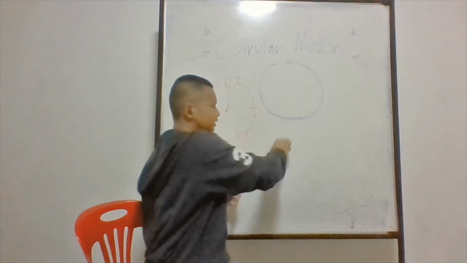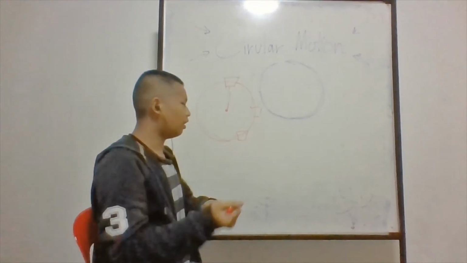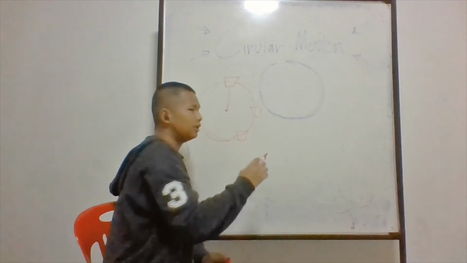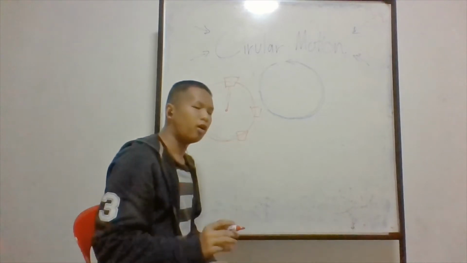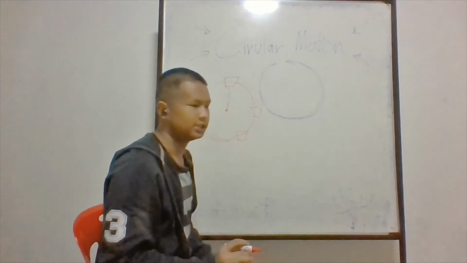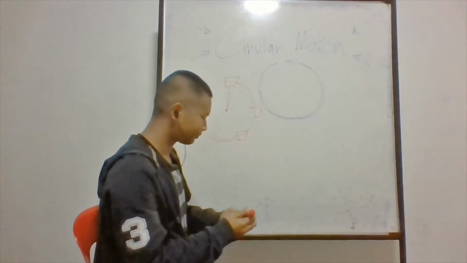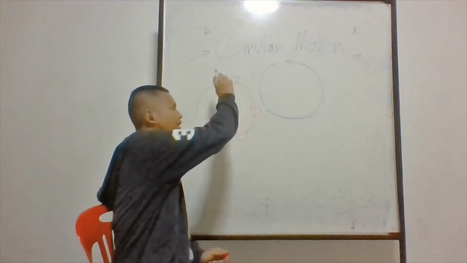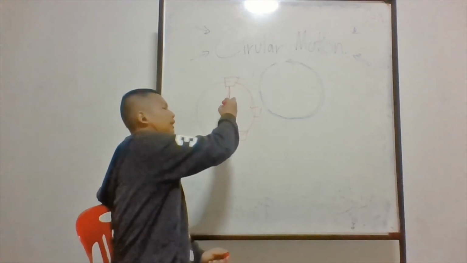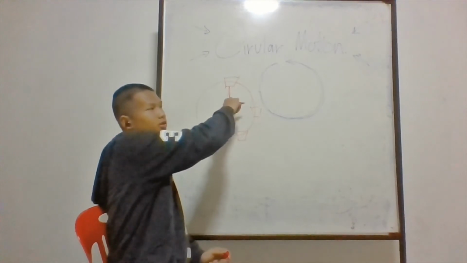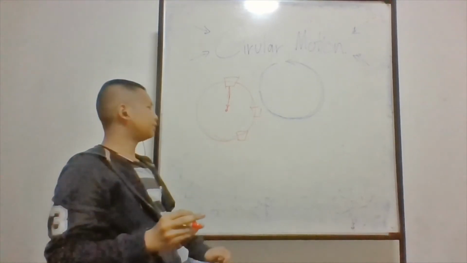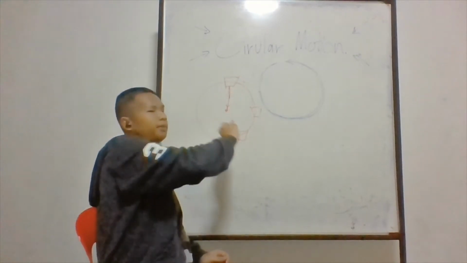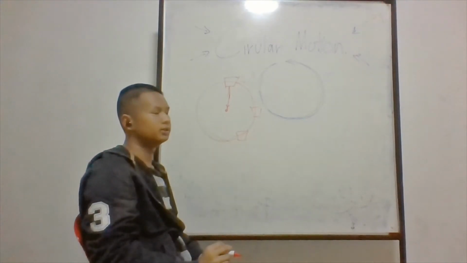Any change of the velocity that happens to the car is due to the centripetal acceleration. The centripetal acceleration is the force that keeps pulling the car back to the center. This combined with the tangential speed is what makes it a circular motion.